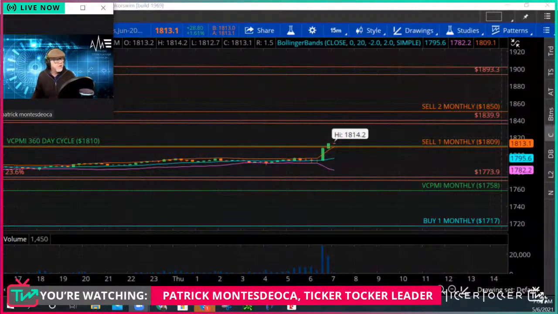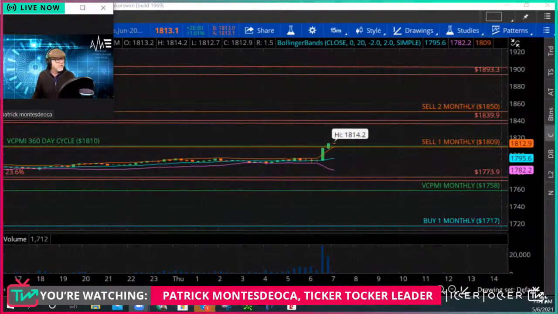We're going to jump right into the advanced trading right now as the market seems to be accomplishing the target that we talked about a few days ago this week of 1810. The 1810 is a critical pivotal point. It represents basically the 360-day average.